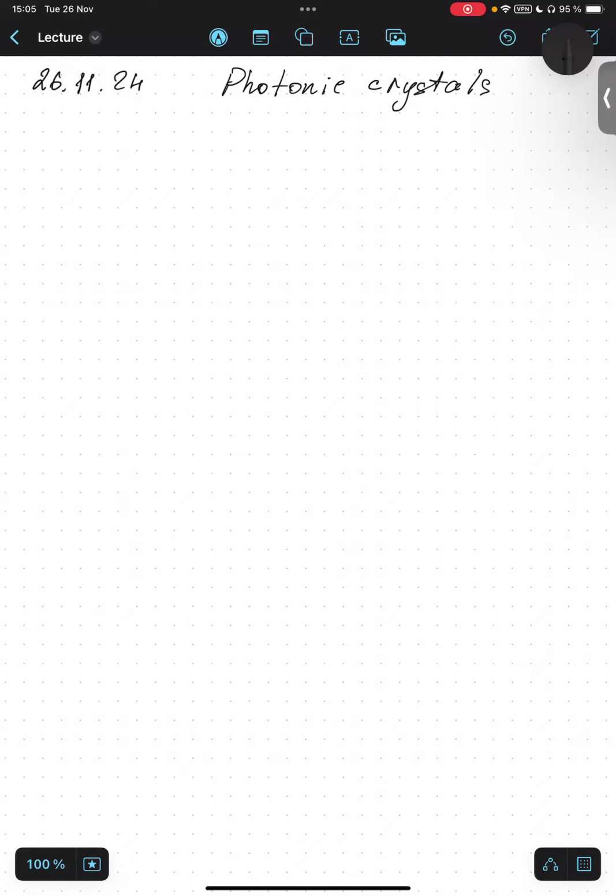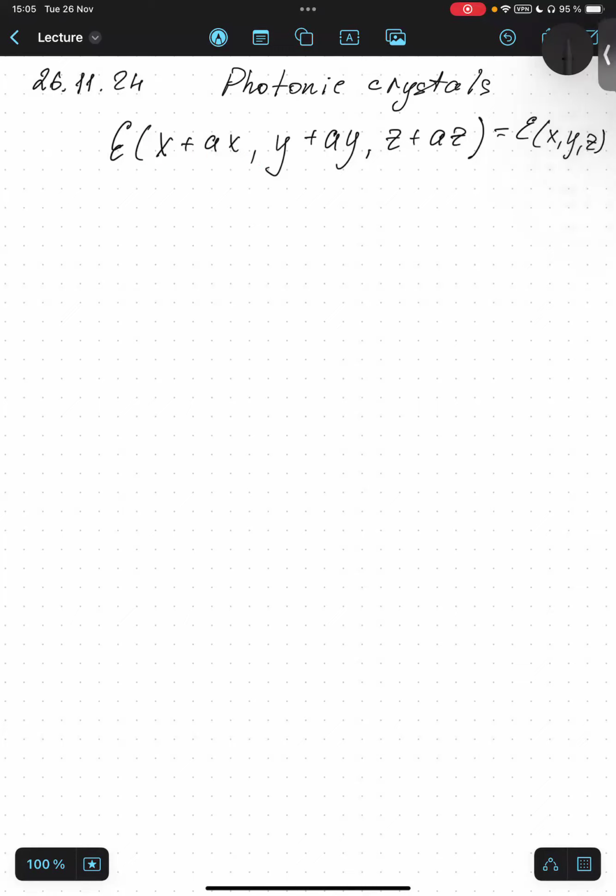Suppose, for example, you have such permittivity, epsilon of x, y, z, equal to epsilon of x plus a, y plus a, z plus a. So the permittivity changes with the geometry parameters.